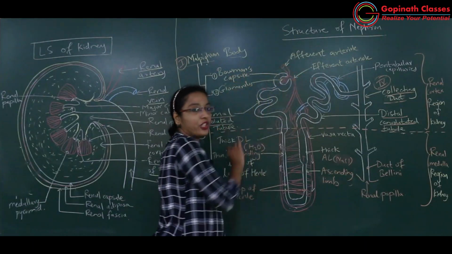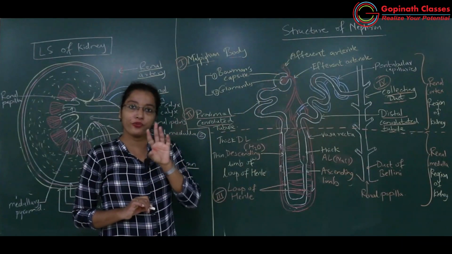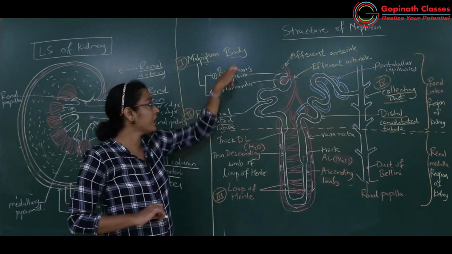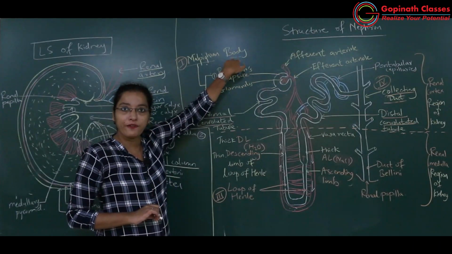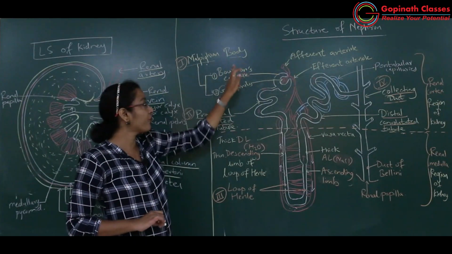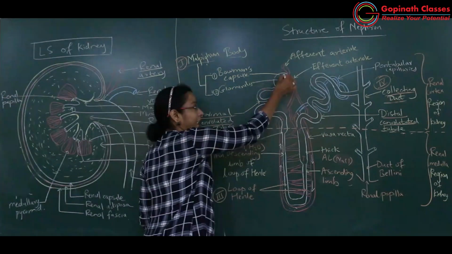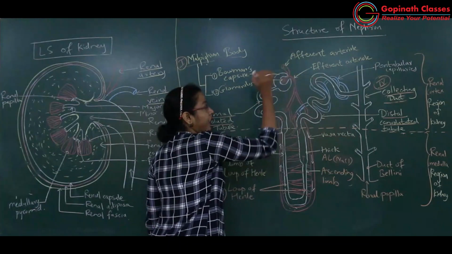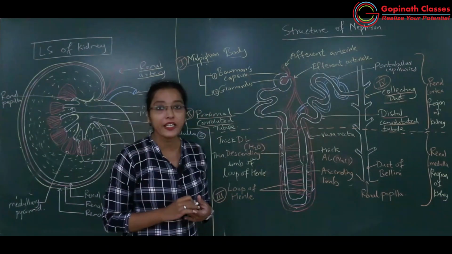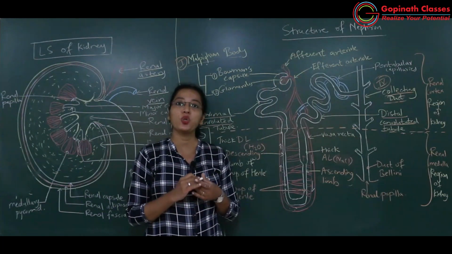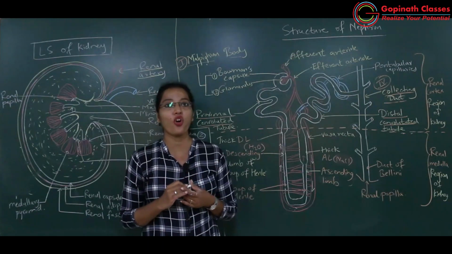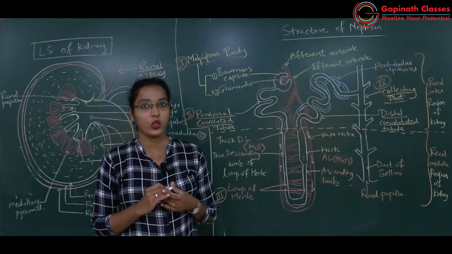So basically we have studied two parts of the nephron. The Malpighian body consists of Bowman's capsule and glomerulus. Bowman's capsule is a cup-shaped structure and the glomerulus is the network of blood capillaries formed due to division and redivision of the afferent arteriole.